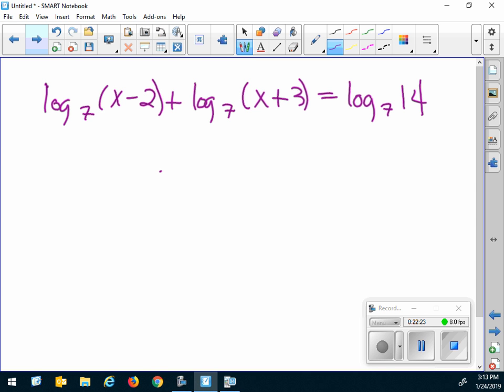What can I do to this thing? So this is log base 7 of x minus 2 times x plus 3. X squared plus 3x minus 2x. What's plus 3x minus 2x?